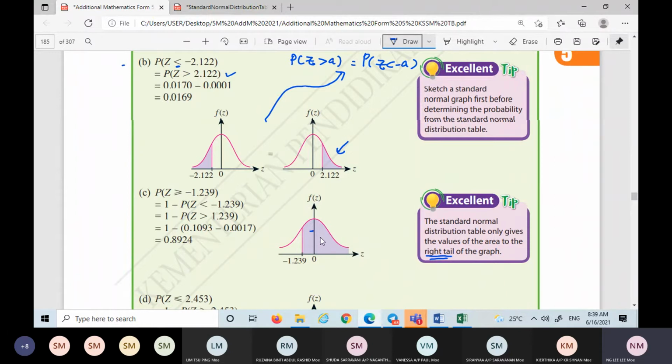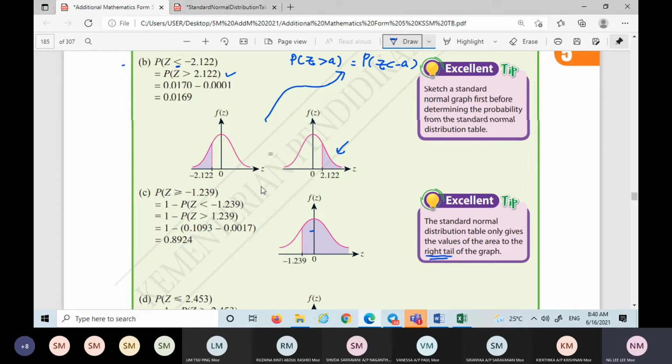But it's the same thing, because your table only gives you the values starting from 0 onwards. They don't give you the values for the negative, even though this is the right tail. So what you have to do? You have to do 1 minus the empty one here. Then you get this, because the whole graph is 1. So you do 1 minus this one. The empty one is on the left, so smaller than.